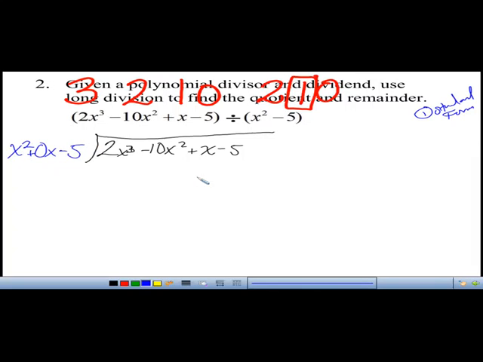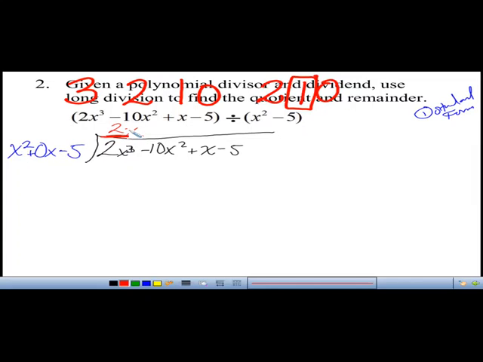Okay. So now that we have our division set up, let's start dividing. I'm going to do my quotient up here in red. So I underline here the first placement, and I ask the question to myself, what number multiplies x squared that gives me 2x cubed? Oh, okay, it's 2x.